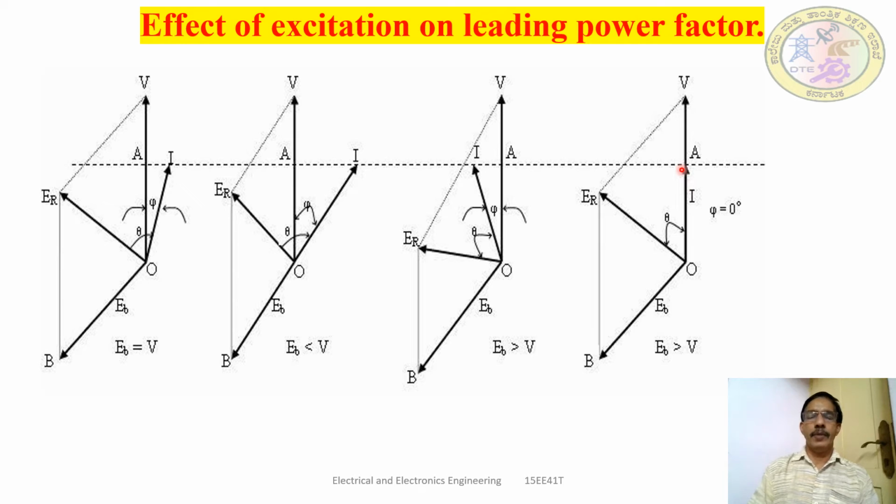Current is minimum at that moment. So if you increase the excitation more than this, EB is much greater than V, then current leads the voltage with an angle of phi. So this vector diagram is very important in this topic.